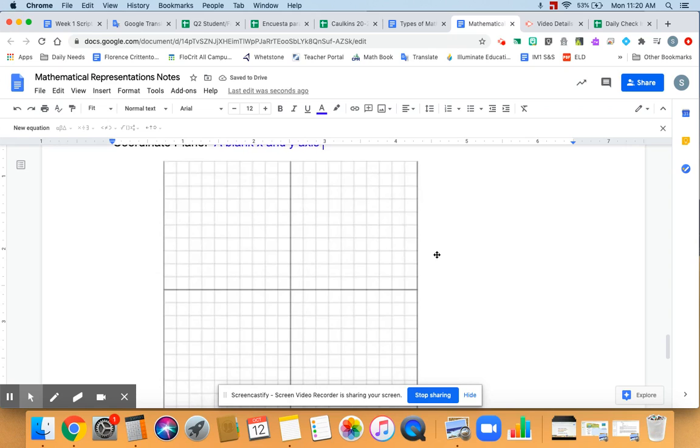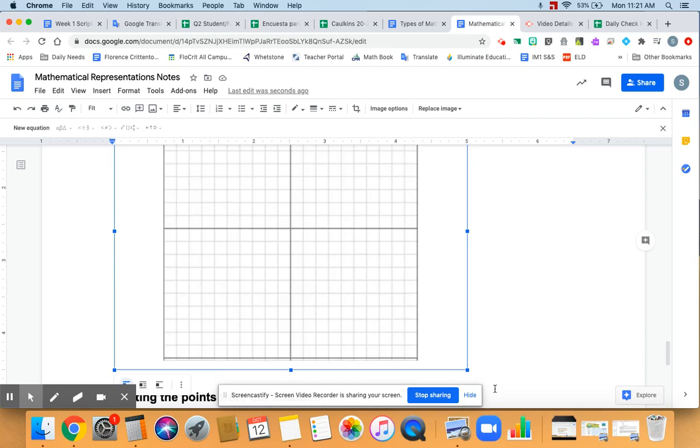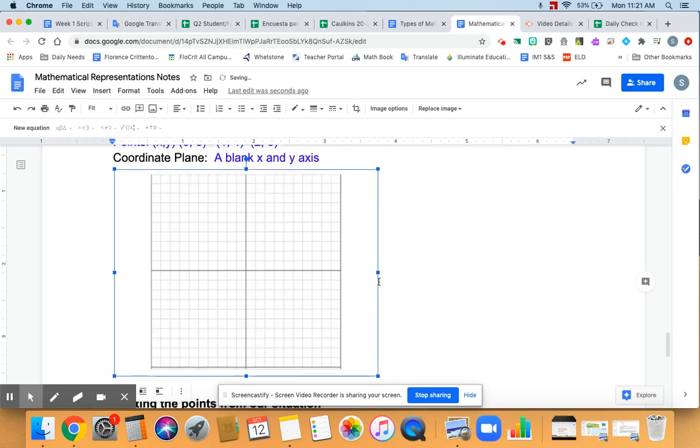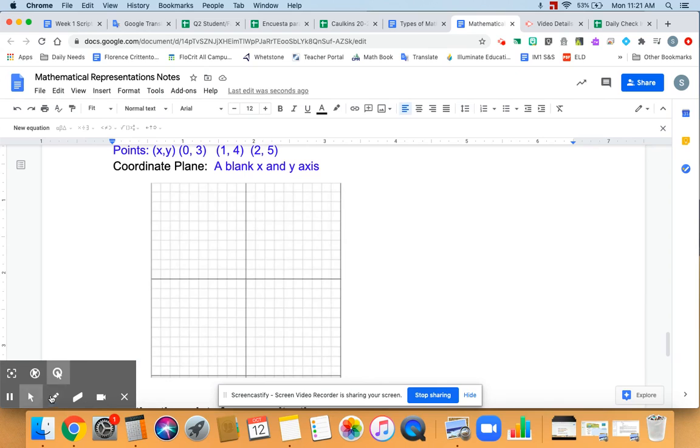And that's exactly what we have right here. Remember, this dark line is what axis? It's the x-axis. And then this up and down line, this dark one here, is which one? This one's the y. So this is called a coordinate plane.